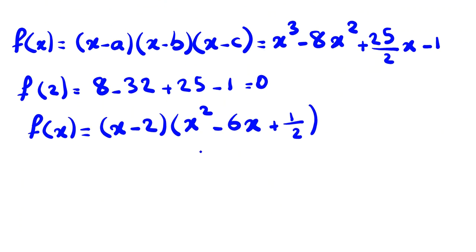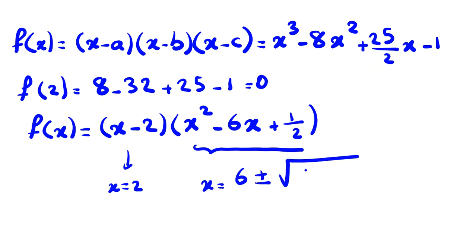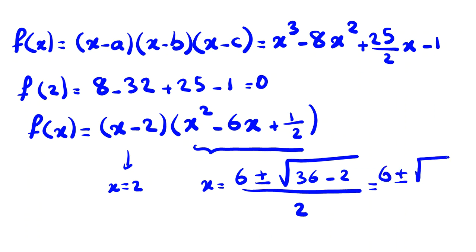Now, if I use the quadratic formula for this part, one answer is x equals 2, the others x equals negative b, which is 6, plus minus the square root of b squared, 36, minus 4ac, which is negative 2, all over 2a, which is 2. And it will be 6 plus minus root 34 over 2.